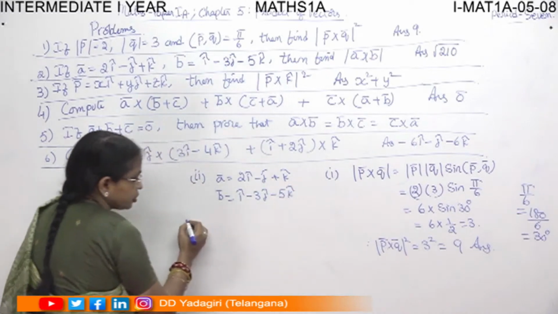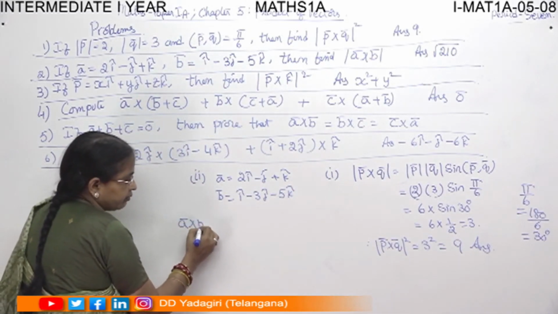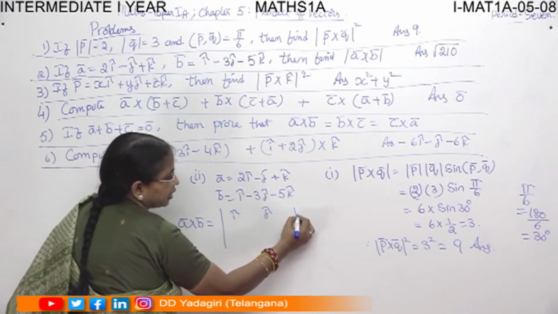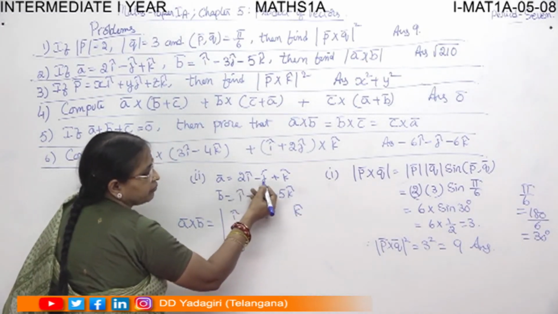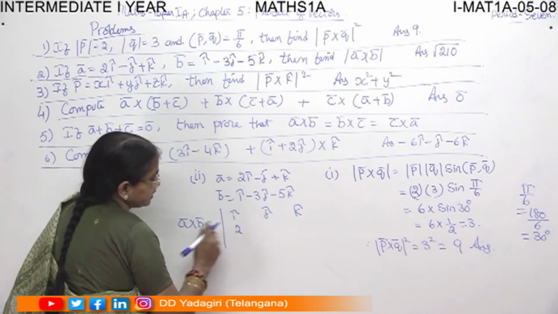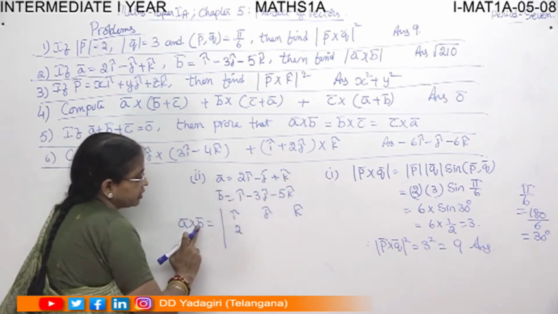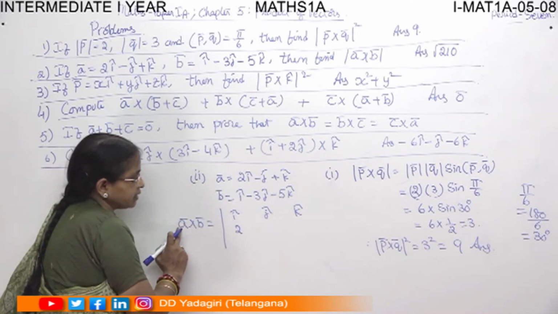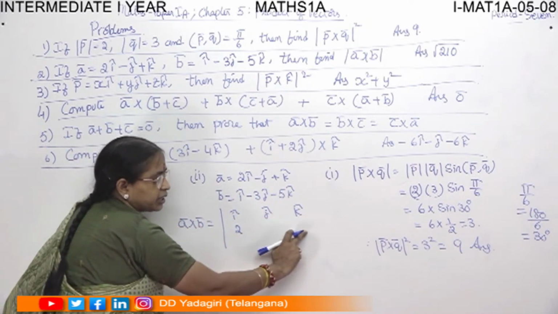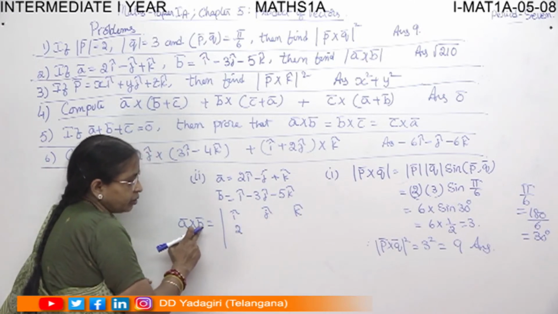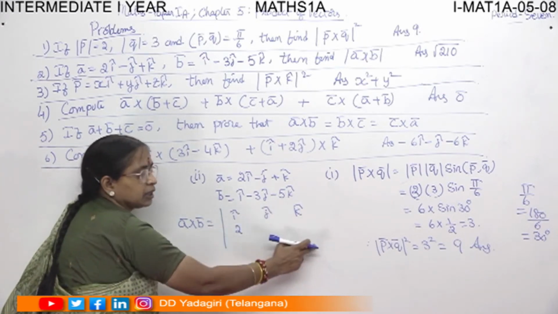These are given. So A cross B is given by determinant of I, J, K, and then write the coefficients of I, J, K here. First it is A, no? For A vector you must write A coefficients. First vector coefficients you should write in the second row, and second vector coefficients you must write in the third row.